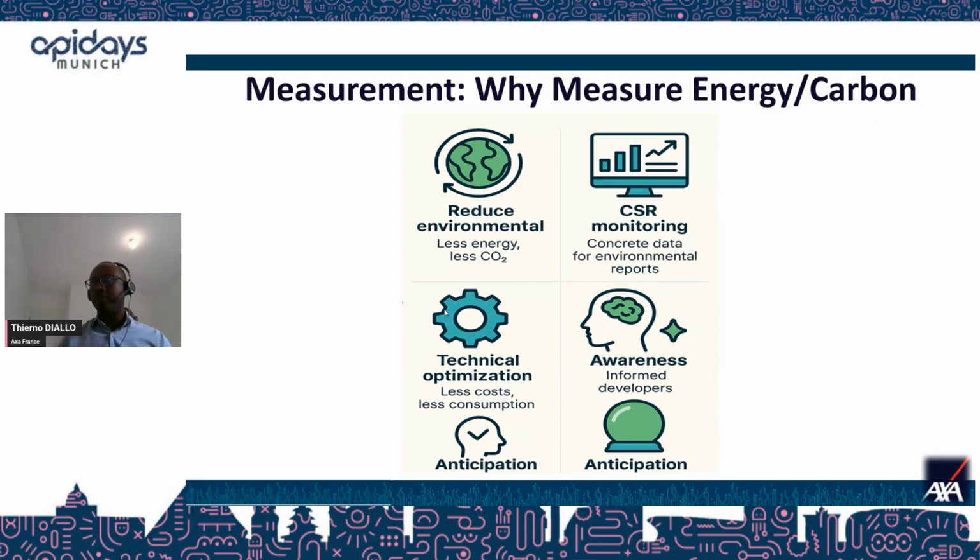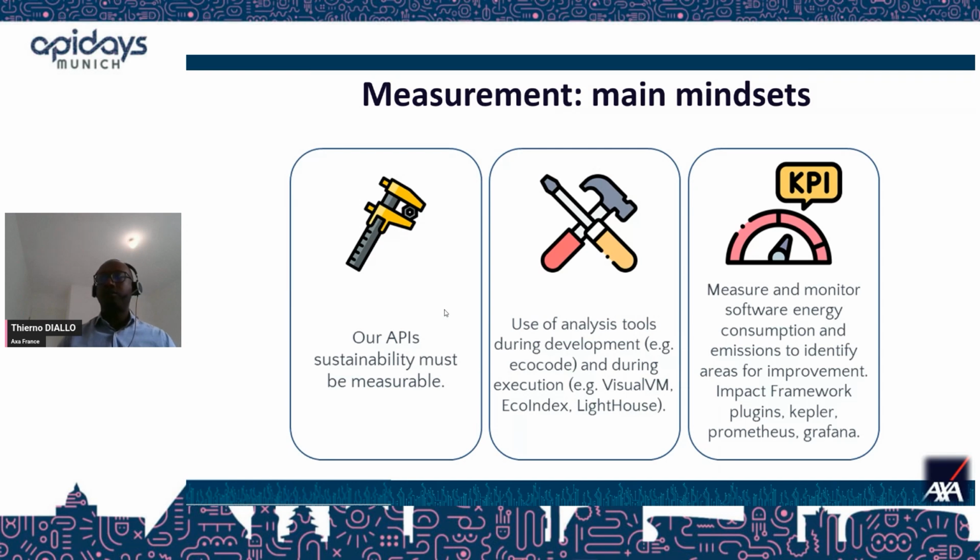So we can anticipate the question of how can you tell me, can you prove to me that my API is not energy efficient? And the second thing is that for me, the main mindset is that all the things that we are doing in terms of sustainability must be measurable.